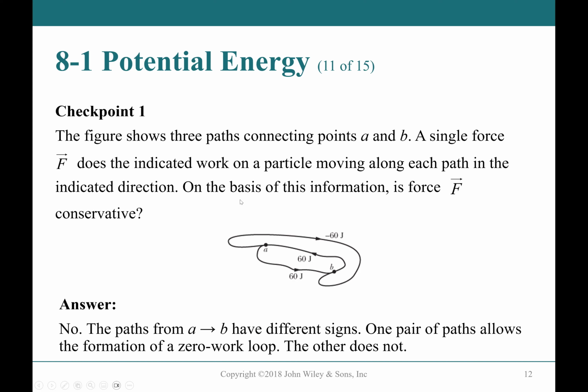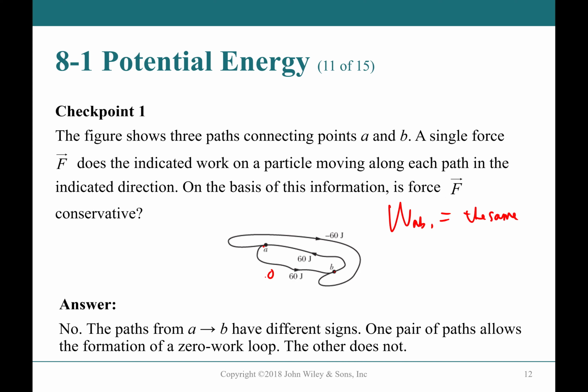On the basis of this information, is F conservative? Take a look at that. Actually it's not conservative, because if F is conservative, going from A to B, your work W_AB, no matter what path, will be the same.